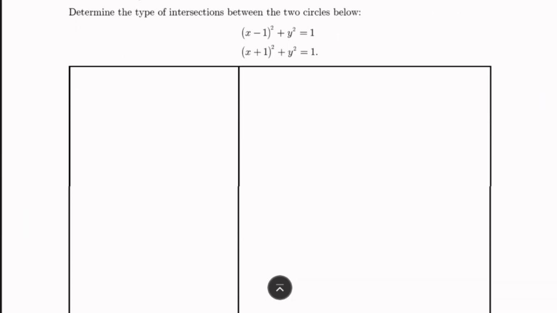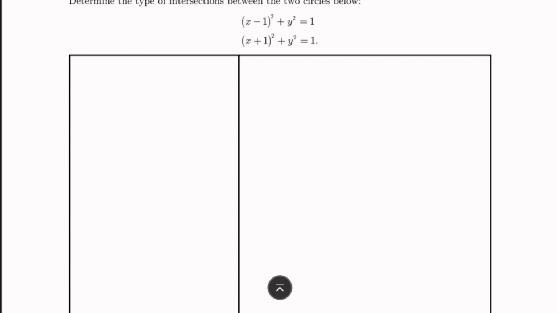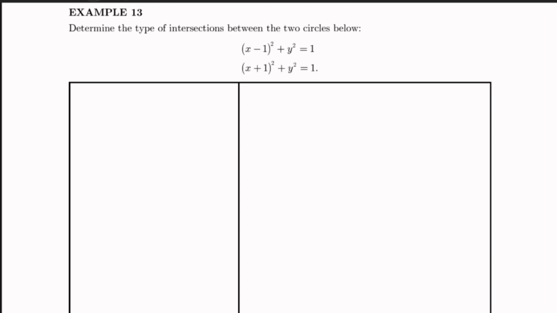Now let's look at example 13. We are going to determine the type of intersection between the two circles below. First of all, we have to solve the simultaneous equations of these two equations. Let me calculate the first circle equation. We have x minus 1 squared plus y squared equals 1.